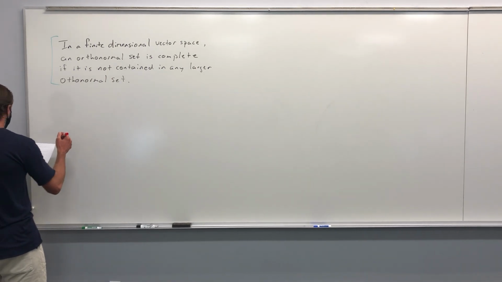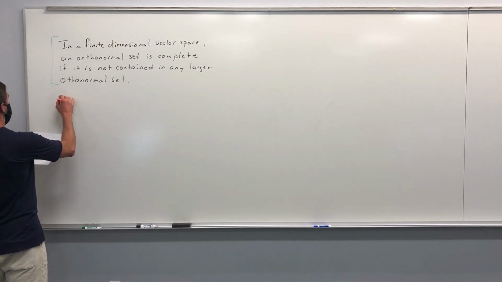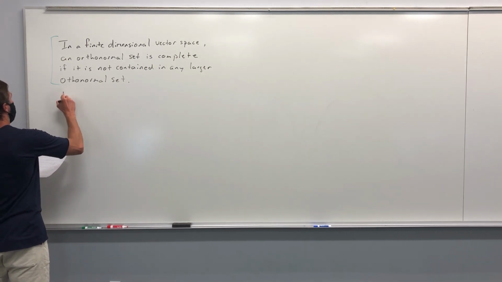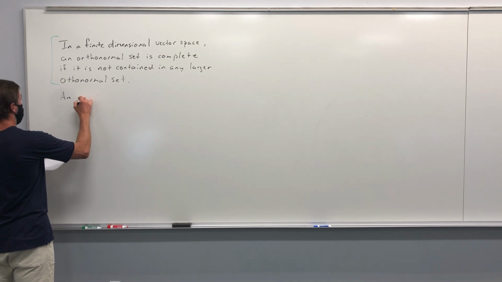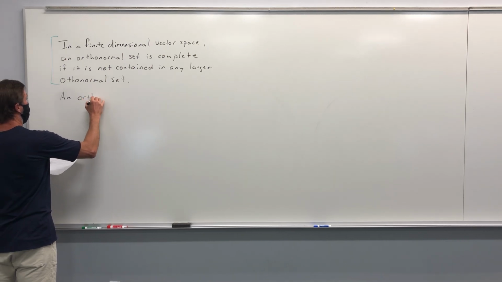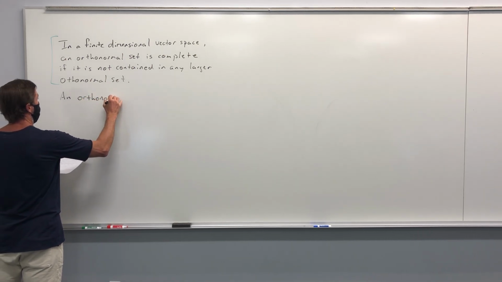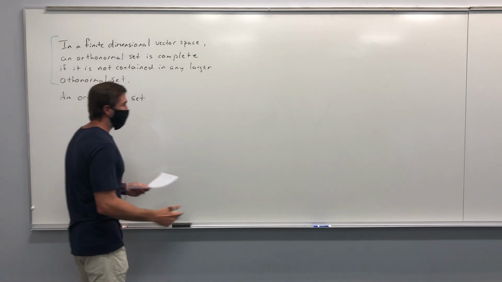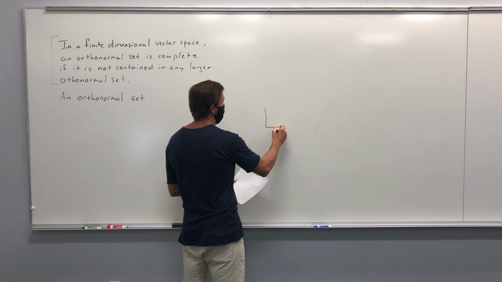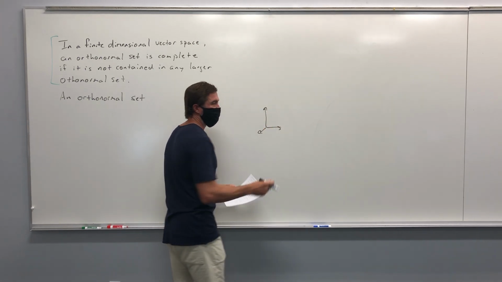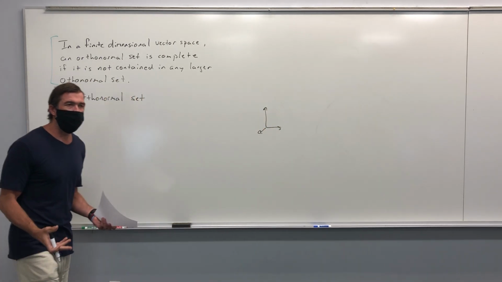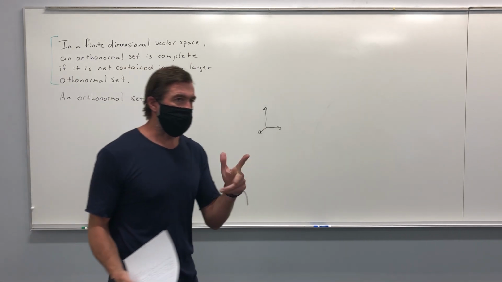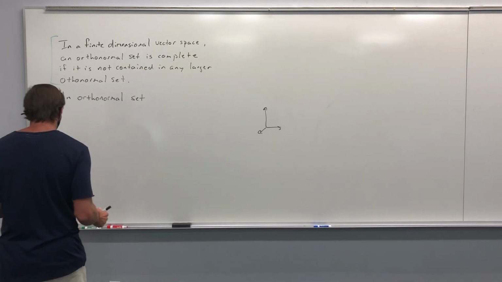Hopefully this should make some sense, and we'll revisit this in a moment with some examples. Let me go ahead and write down a theorem which is a result of this. An orthonormal set, and remember, when I talk about an orthonormal set, I'm just referring to a set of basis vectors that are orthogonal to each other. That's all I'm talking about.